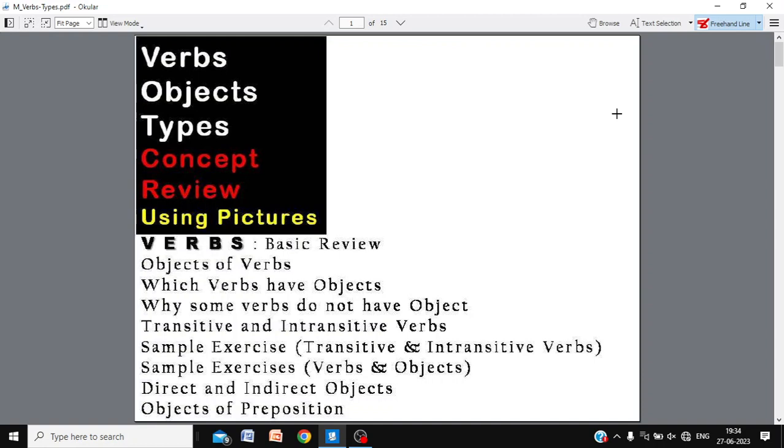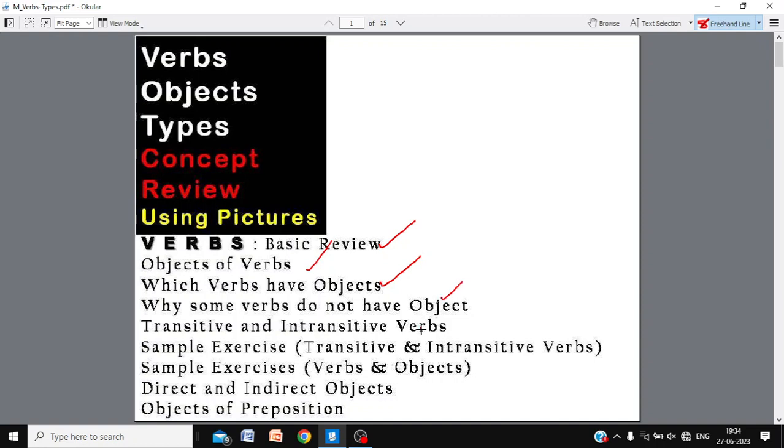And this time we are learning about verbs, objects, types of objects, and transitive and intransitive verbs. So we will be having a basic review of the verb. We will see what we mean by objects of the verbs. We will also see which verbs have objects and why all the verbs do not have objects.